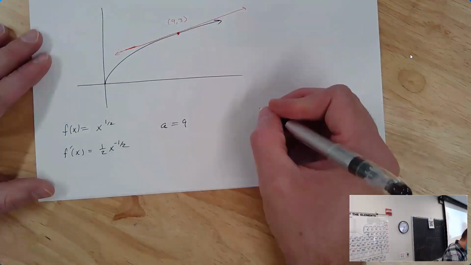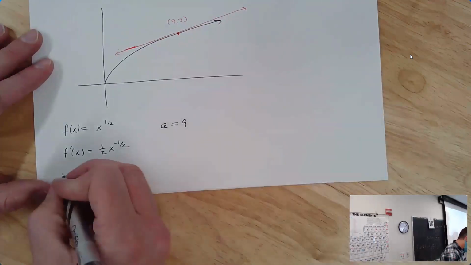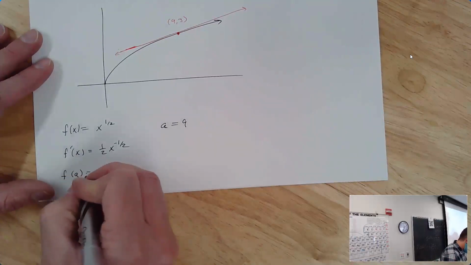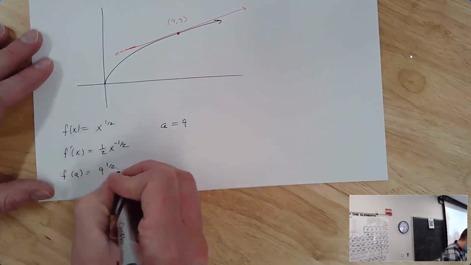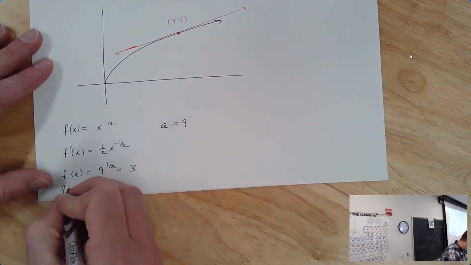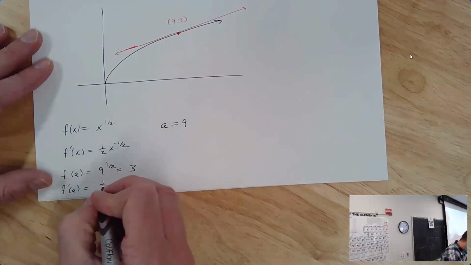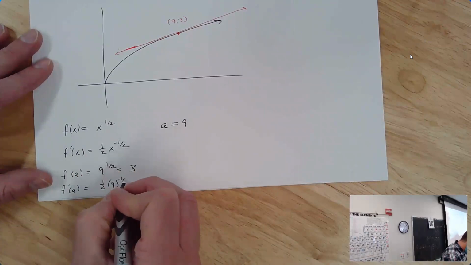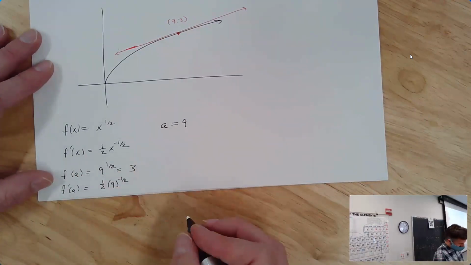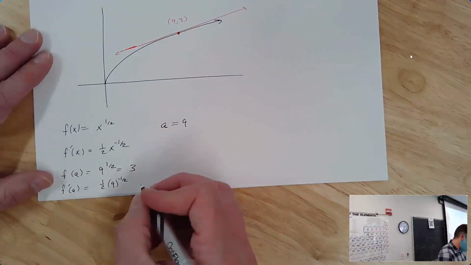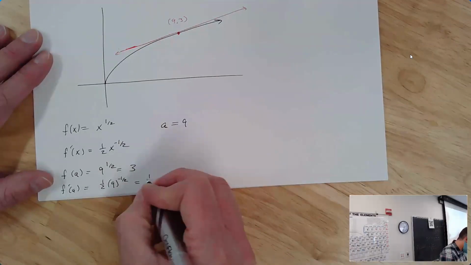And then we're really just going to use that formula. F of a is 9 to the 1/2, which is 3. And f prime of a is 1/2 times 9 to the negative 1/2. 9 to the negative 1/2 is 1 over the square root of 9, which is 1/3. And 1/2 times 1/3 is 1/6.